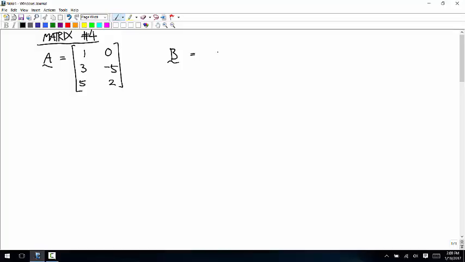And B is 4, 1, 3, negative 7, 2, negative 9. And it asks for sizes and stuff. The size of A, there are 3 rows and 2 columns, so that's 3 by 2. B has 2 rows and 3 columns, so that's 2 by 3.